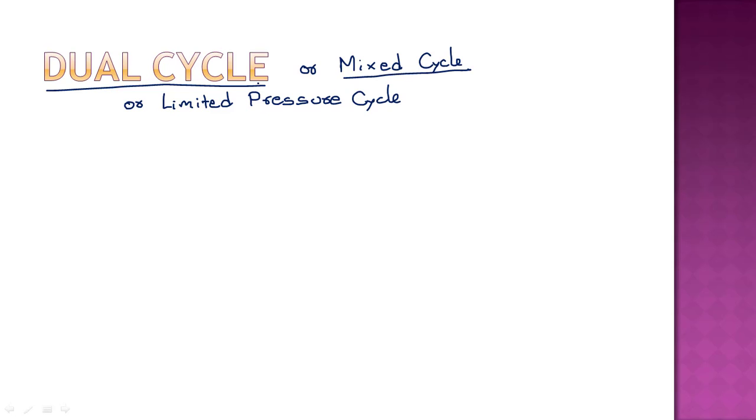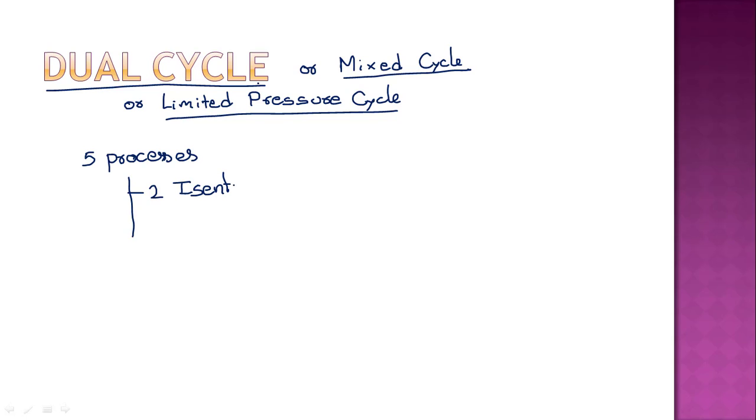So in this cycle, we have five processes, out of which two are isentropic, two are isochoric, and one isobaric.